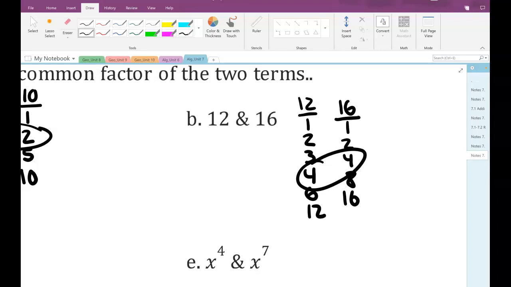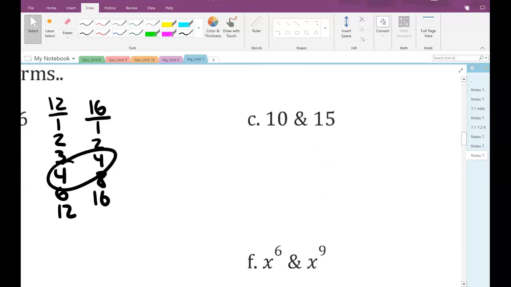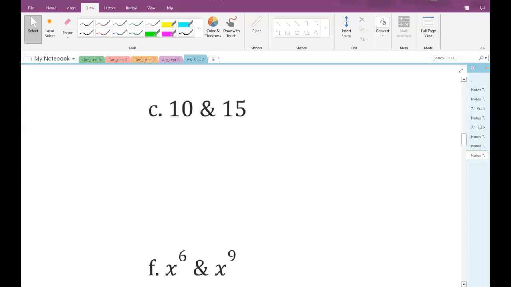So our greatest common factor, or our GCF, is 4. So what's the greatest common factor between 10 and 15? 5. So hopefully that seems like review, because you guys have found greatest common factors of numbers before.